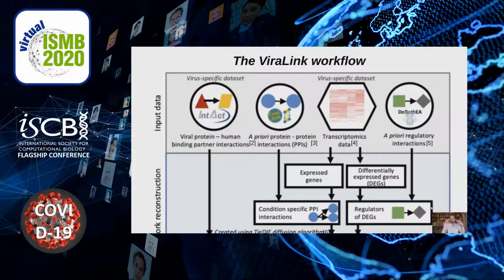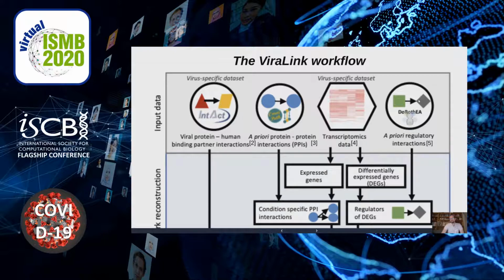To do that, we took the virus-human interactions from the Gordon et al. datasets through the IntAct database. Then we used the Blanco-Melo et al. human bronchoepithelial cells gene expression data. From them, we found the differentially expressed genes.